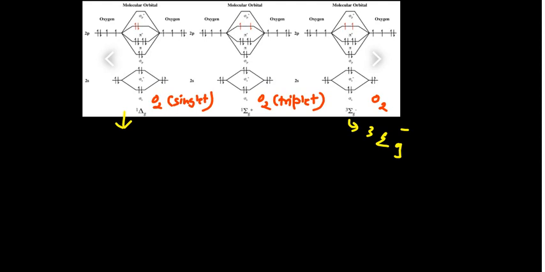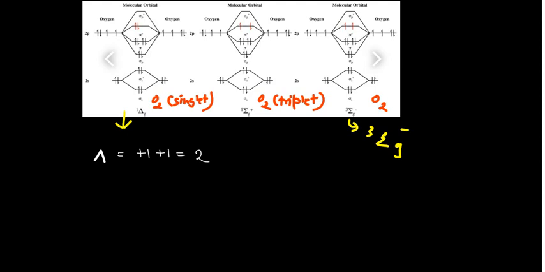In the singlet state, if you determine the value of lambda, it will give you +1 and +1, that will give you 2.